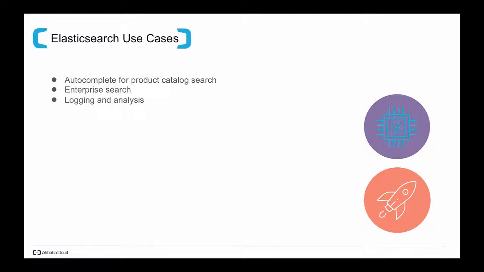Elasticsearch is also very commonly used as an open source centralized logging system. You can use Beats, which is another open source tool, to ship logs from various sources into Elasticsearch, and then use Kibana, which is a visualization tool, and analyze the log data within Elasticsearch.